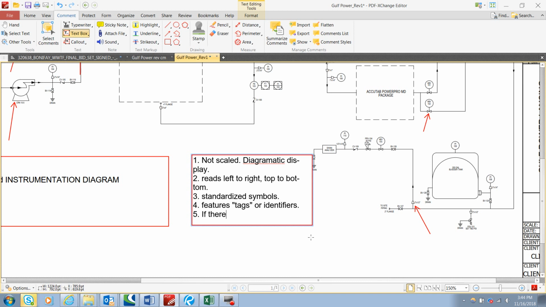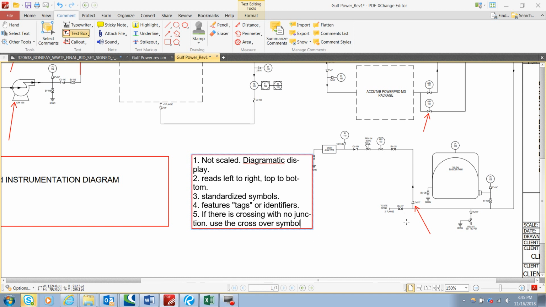If there is a crossing with no junction, use the crossover symbol. So what does that mean?